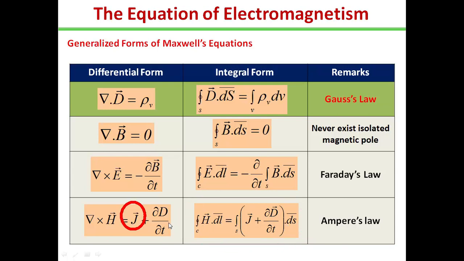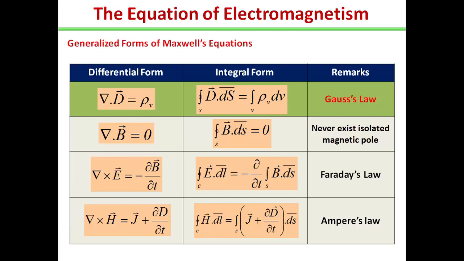Here two currents are given, J plus del D by del t. The prediction of Maxwell was displacement current, represented by del D by del t, which is simply displacement current. Thereafter Ampere's law was modified, and this equation is known as Maxwell's fourth equation.